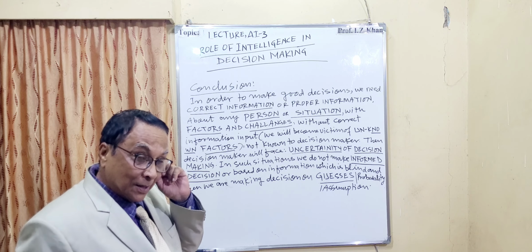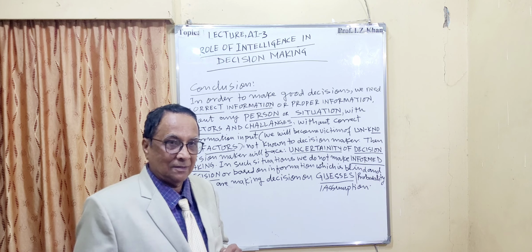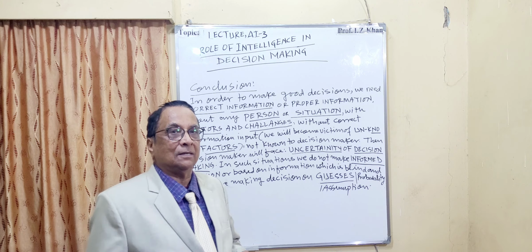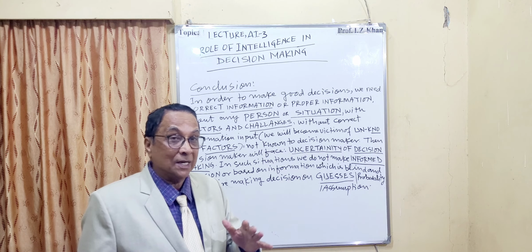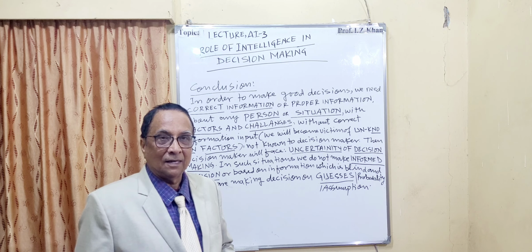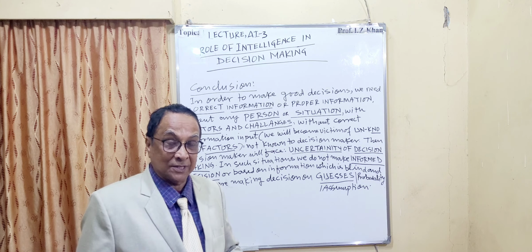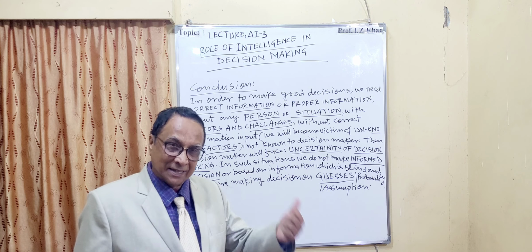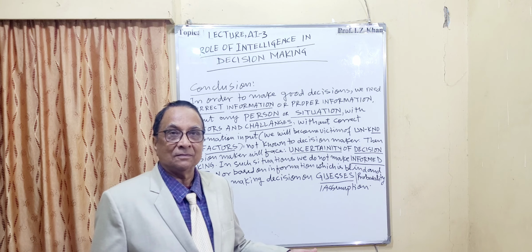Sometimes if you don't have correct information and you are making a decision, it will be high risk. Nowadays criminals give wrong information, and a lot of our officers, especially military officers, police officers, and intelligence people involved in human intelligence, become victims.